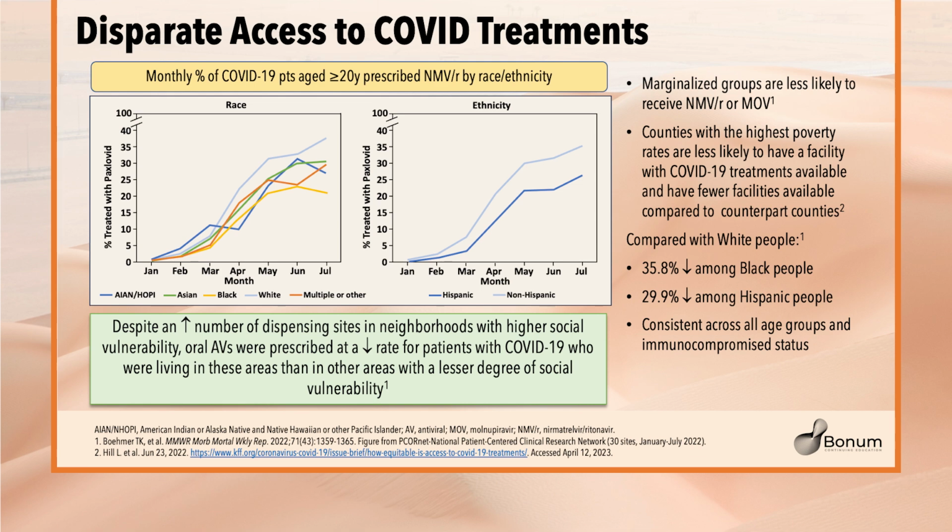So, showing you some data, compared to whites, and this was consistent across all age groups and immune compromised status, access to antiviral therapy was lower by 35.8% among Black people and 29.9% among Hispanic people. And it was also found that oral antivirals were prescribed less in neighborhoods with higher social vulnerability.